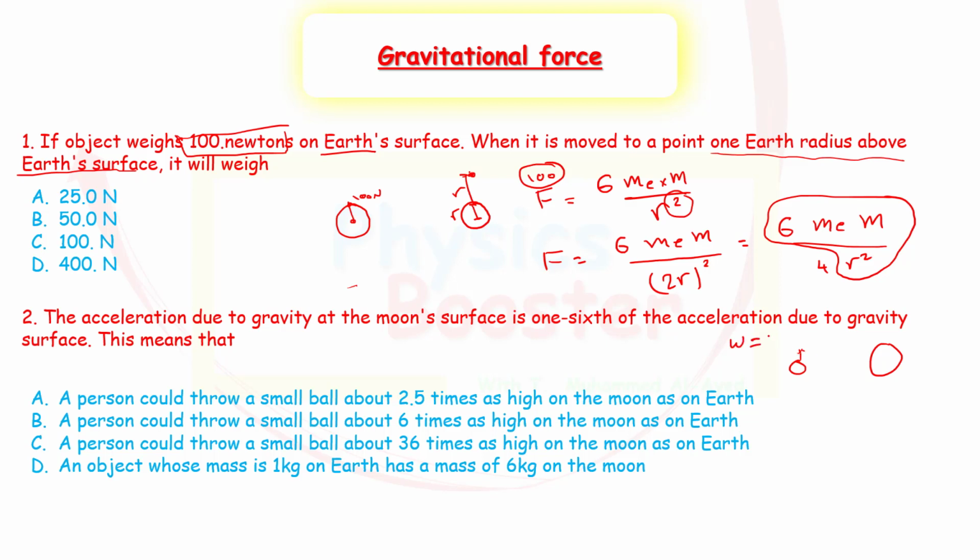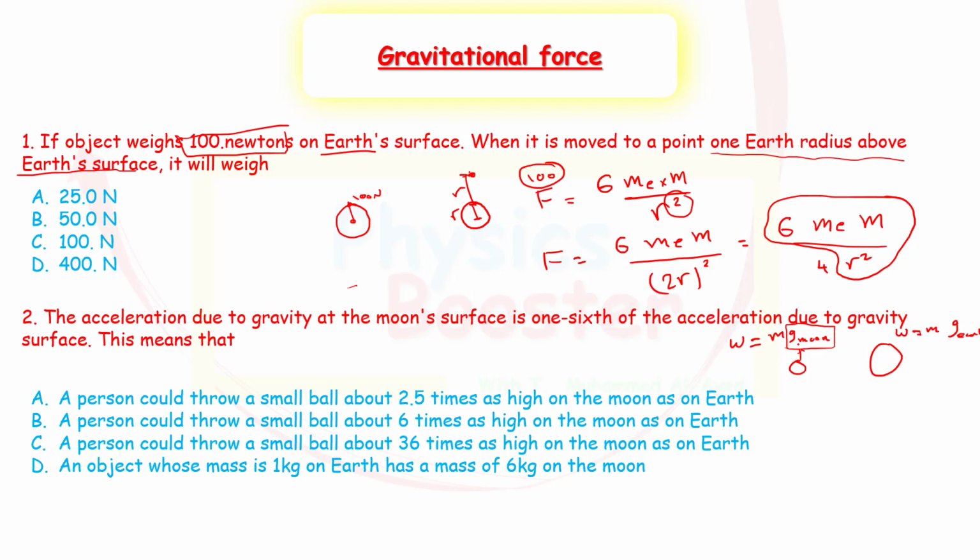In this case, it's going to be equal to m g of the moon, while if somebody throws an object upwards on Earth, it will have a weight equal to m multiplied by g of Earth. So if the gravity on the moon is 1 over 6 of the gravity on Earth, this means that the weight will be 6 times smaller.